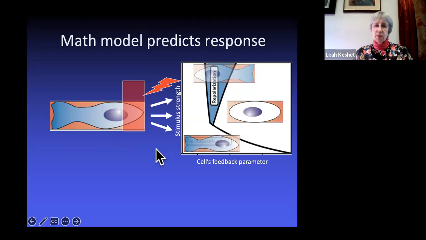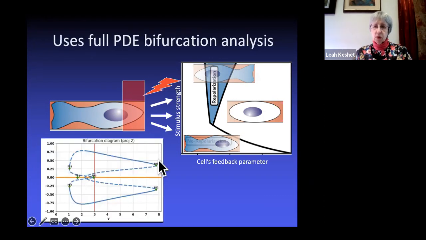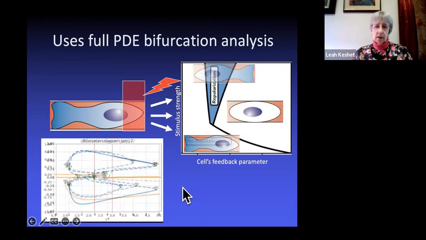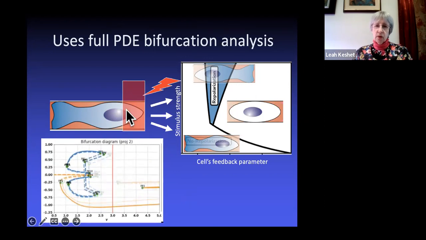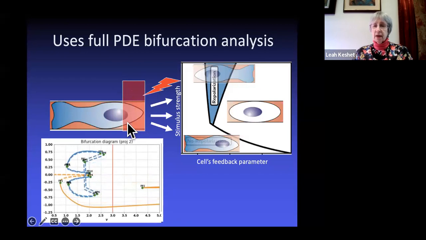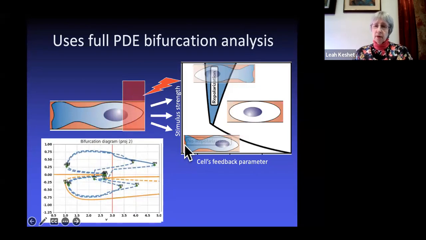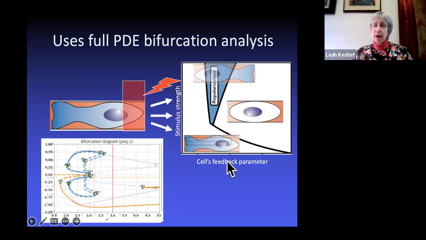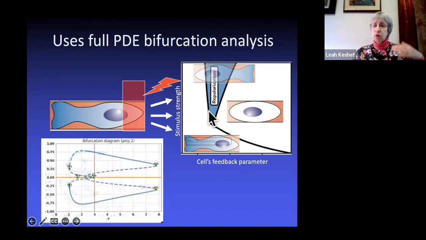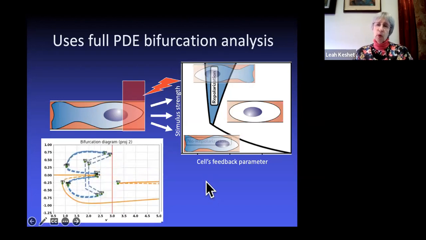And Andreas was able to put together a rather complex full PDE bifurcation analysis to answer this question. And so he was able to show that you need to have a signal intensity of sufficient strength, depending on the internal cell parameters, in order to fall into a regime where you guarantee that you can repolarize.